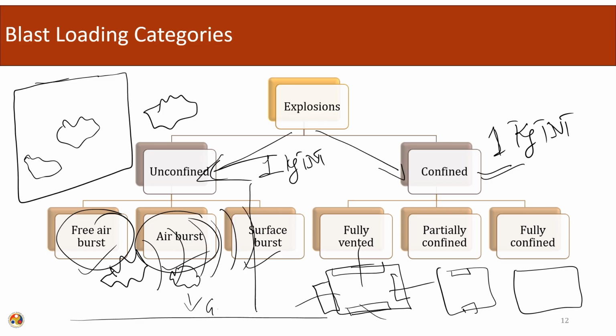Only reflections caused will be either from the ground or from the structure. The rest is free to dissipate in the air. But if it is occurring in a fully confined way, there will be a lot of reflections, because the pressure has nowhere to go. So the intensity of the reflected pressure will be increasing.